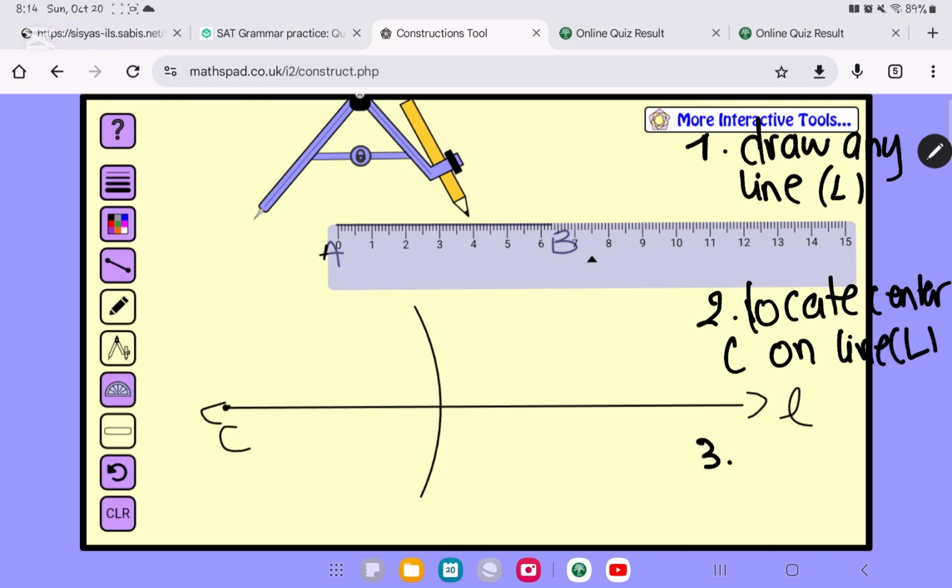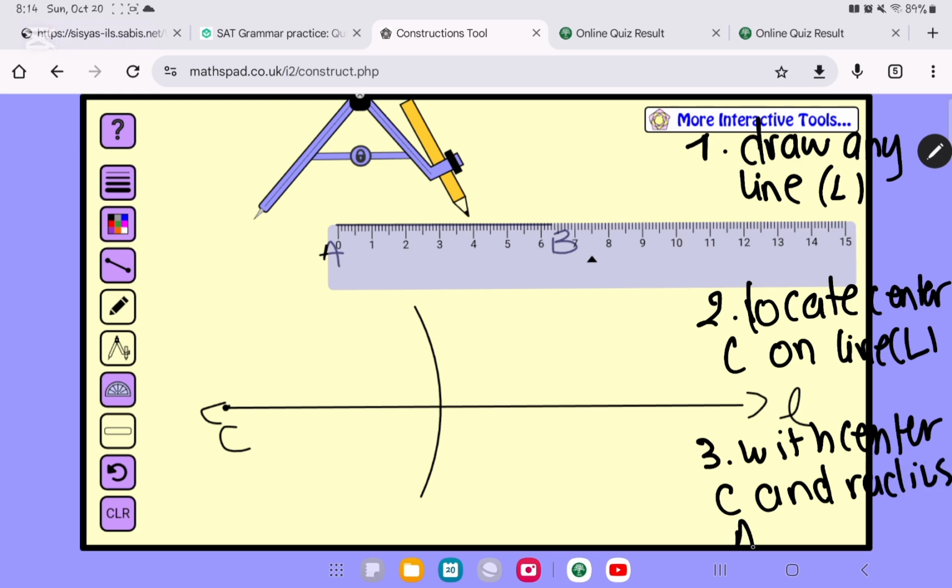The third step is with center C and radius AB, not any radius, it has to be the radius of the measurement. So with center C and radius AB, draw an arc.